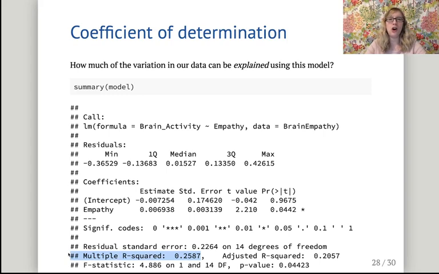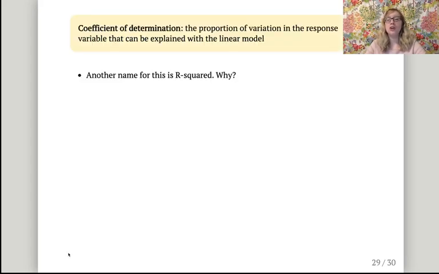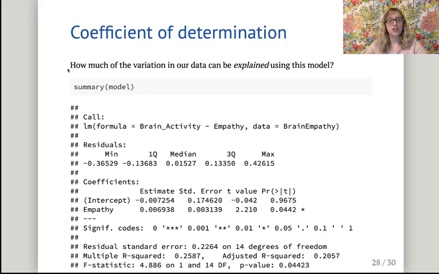It's something called multiple R squared. Another term for multiple R squared is the coefficient of determination. The coefficient of determination simply is the proportion of the variation in our response variable that can be explained using the linear model. So our model looks like it's explaining about 26% of the changes in brain activity based on the empathy score.